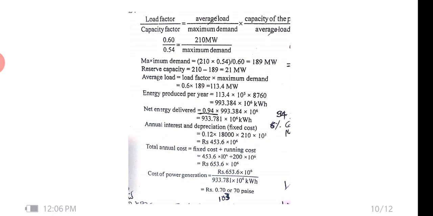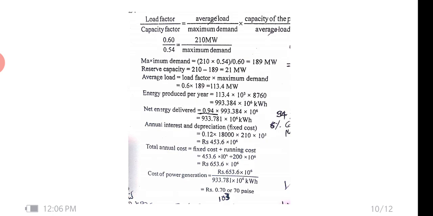So considering the load factor relationship, that is average load divided by peak load, and capacity factor is equal to average load divided by capacity of the plant, we find out the maximum demand. So maximum demand comes as 189 megawatt, and from the maximum demand we calculate the average load by multiplying with the load factor, and ultimately we get average load 113 megawatt.